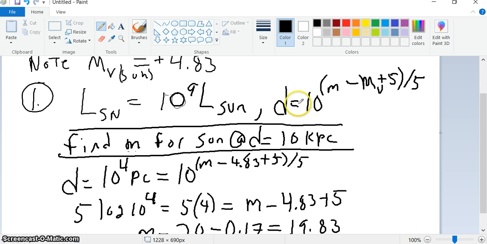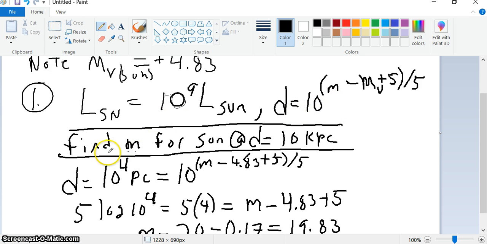And this is the general equation that we're going to use. D equals 10 to the power of the apparent magnitude, that's the little m, minus the absolute magnitude plus 5, and that whole thing divided by 5. And remember, D is always in parsecs.